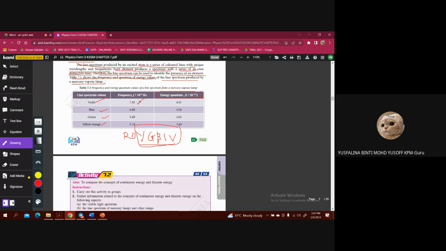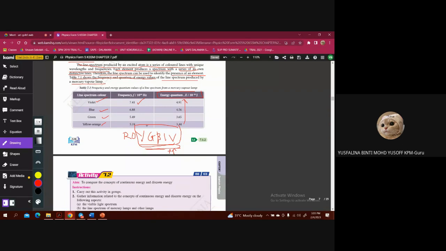So the frequency, from the yellow to the violet, the frequency is increasing. Then we see also for the energy quantum, you can see the value is also increasing.